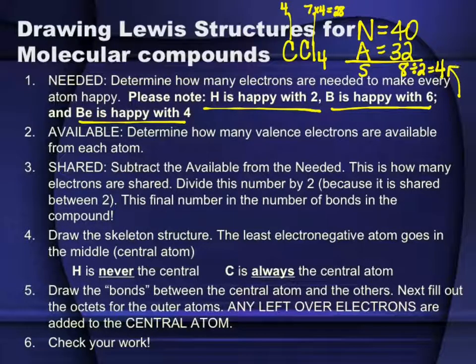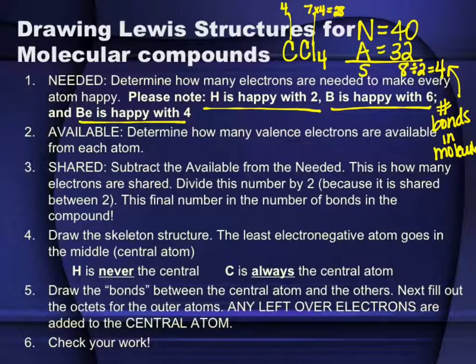That number 4 represents the number of bonds in the molecule. It's always divided by 2 because we're sharing between 2 atoms. It doesn't matter how many atoms are there. It's always divided by 2.